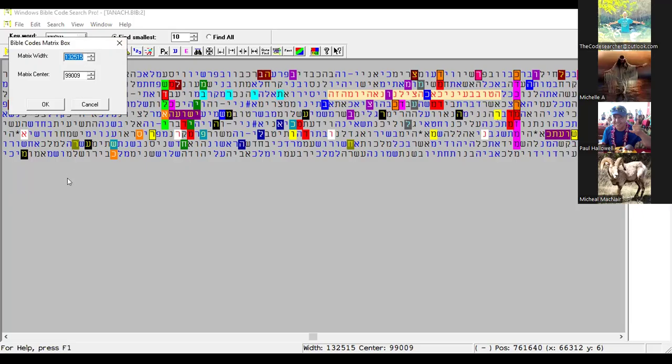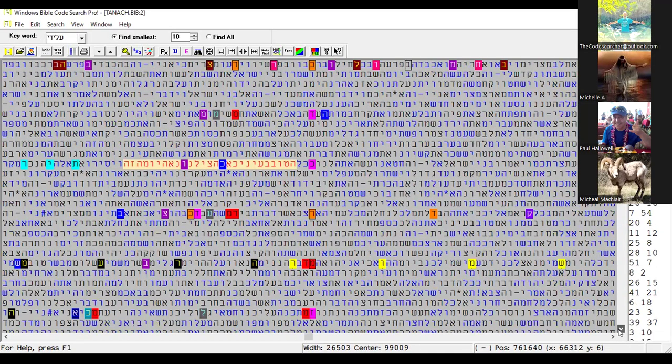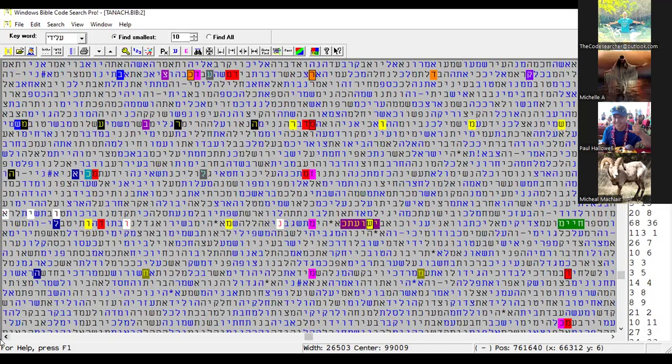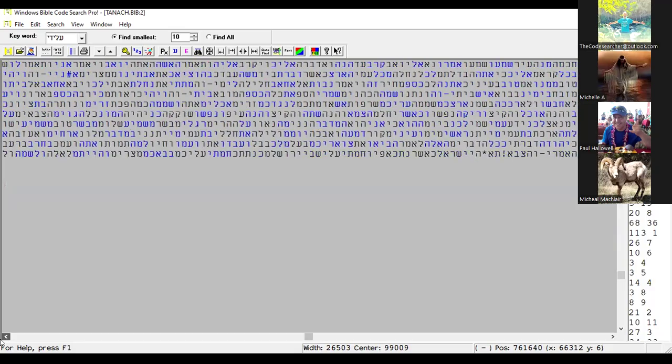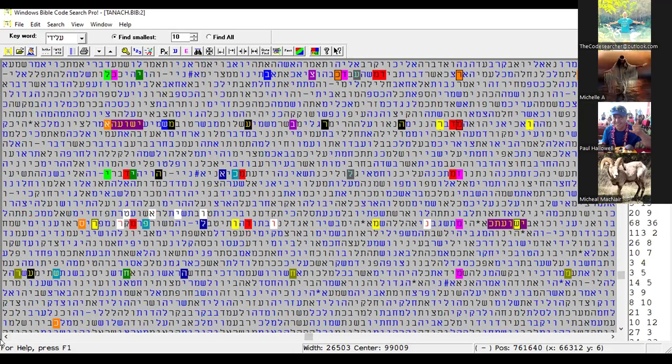So let me do that now. I actually put a row skip in when I first started searching this table, but I felt like the spirit was saying there's going to be so much data, you don't need to do a row skip.